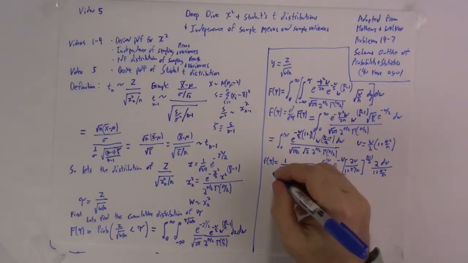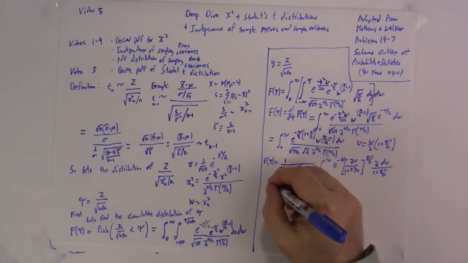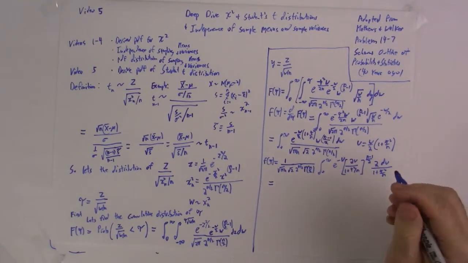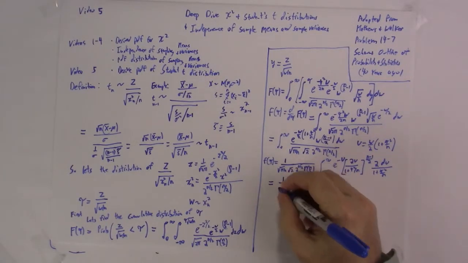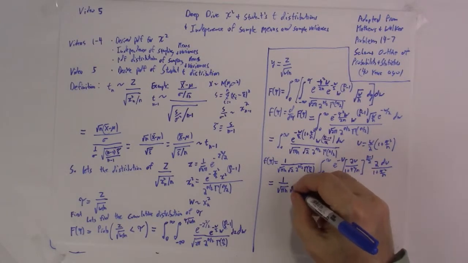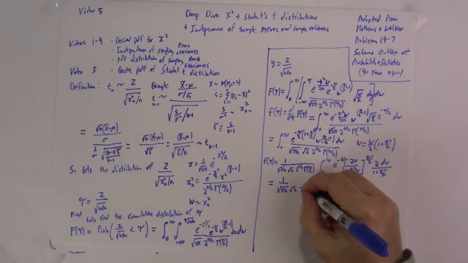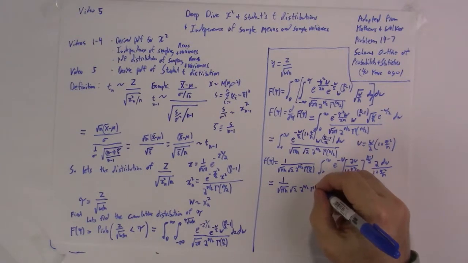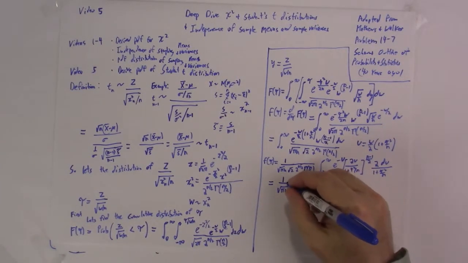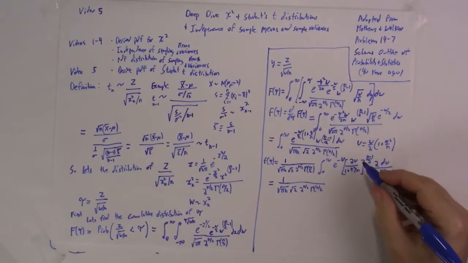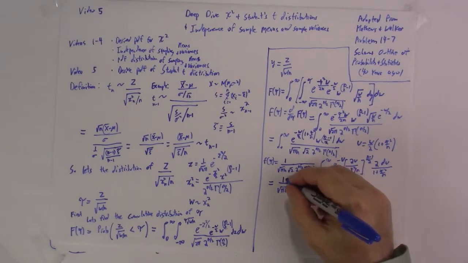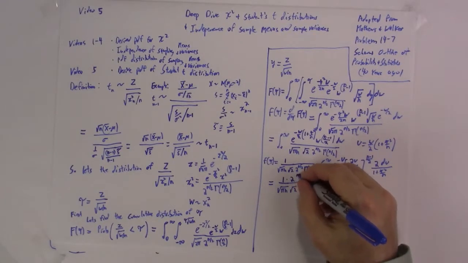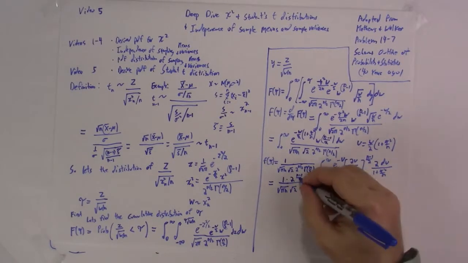Okay, we're almost at the end. So this is equal to, now it's just a matter of getting the constants out. 1 over the square root of pi n square root of 2, 2 to the n over 2 gamma of n over 2. Now here's 2 raised to the n minus 1 over 2.